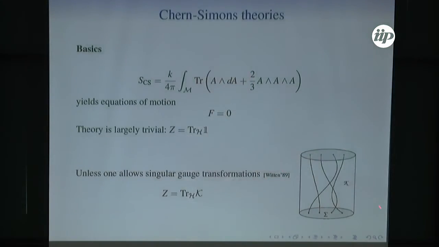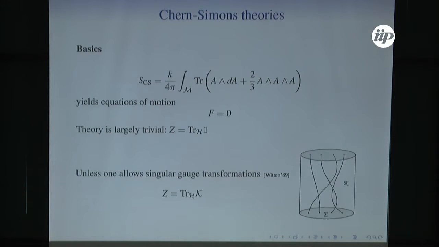In this case, you can represent the space, for example, as this cylinder, which represents a three-dimensional space split into a time direction and a transverse Riemann surface. These delta function singularities are these lines, which can be thought of as trajectories of particles in this space.